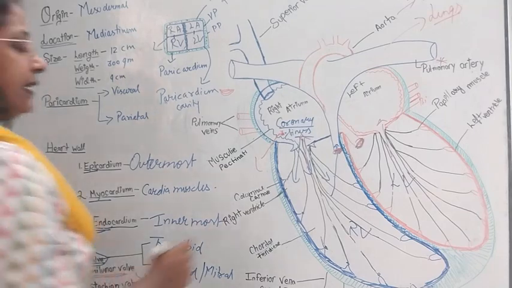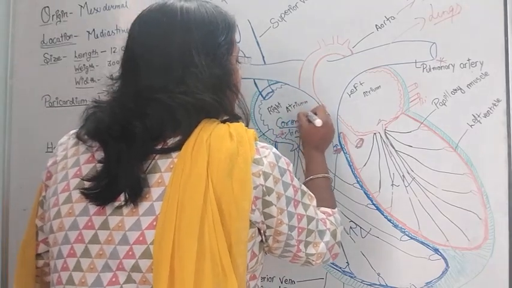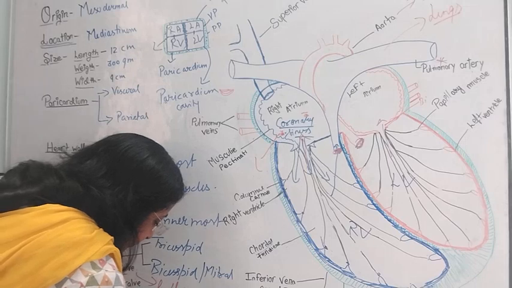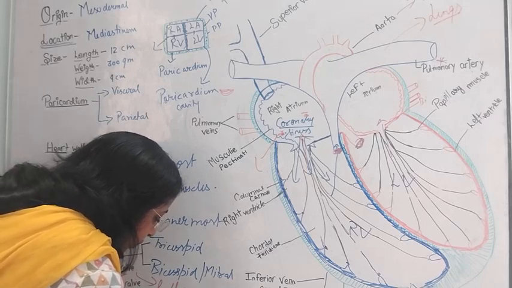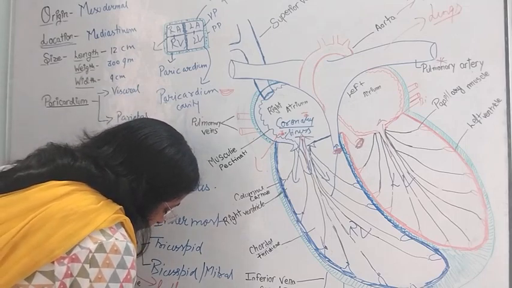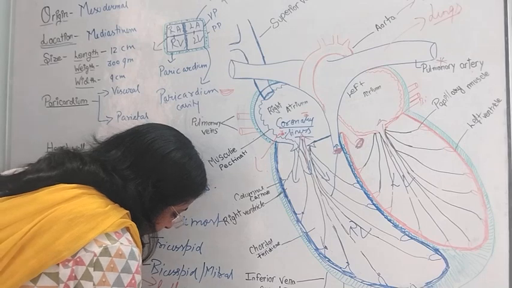The Thebesian valve is present at the point where the coronary sinus is present. So the coronary sinus opening is guarded by the Thebesian valve, and the Eustachian valve guards the opening of the inferior vena cava.